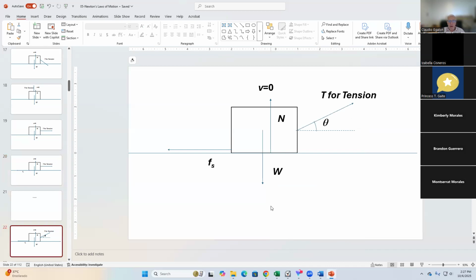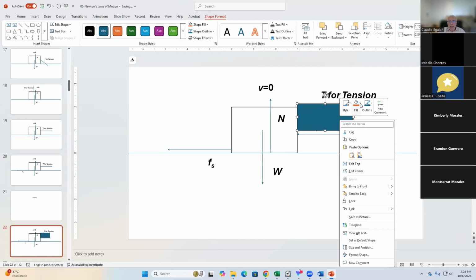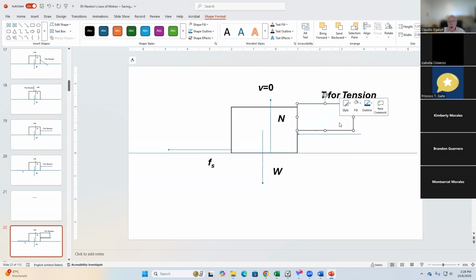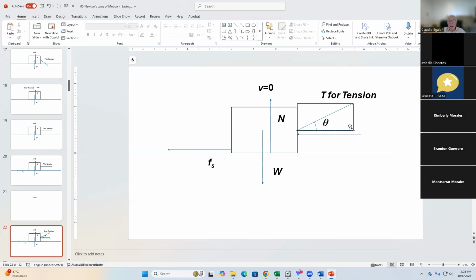If the object is at rest, it means that the force of static friction must be equal to the horizontal component of the tension. Makes sense. And that's where the whole idea of Newton's law comes into place.